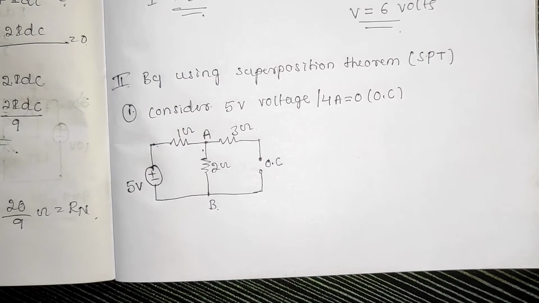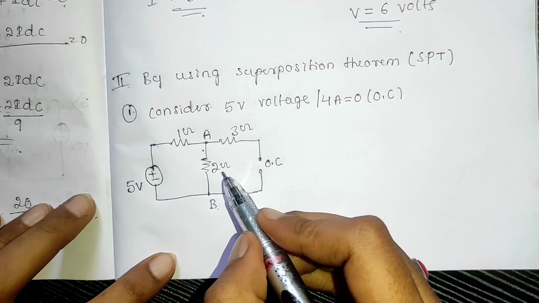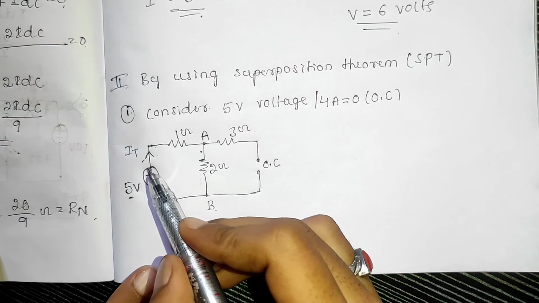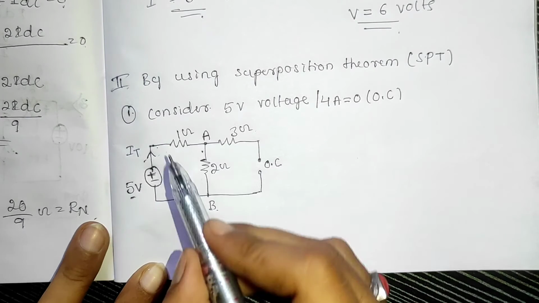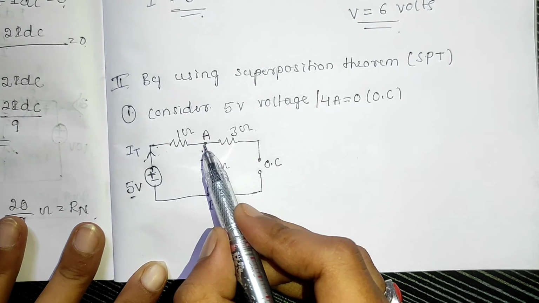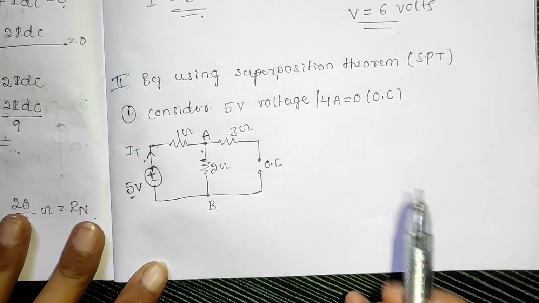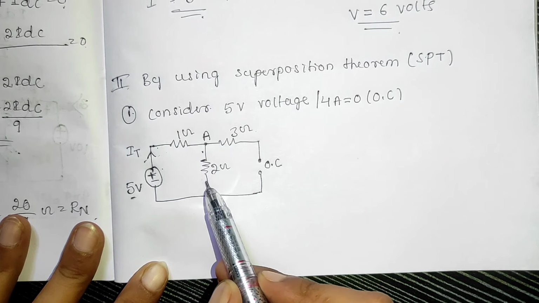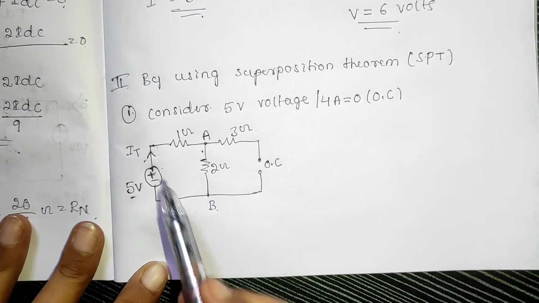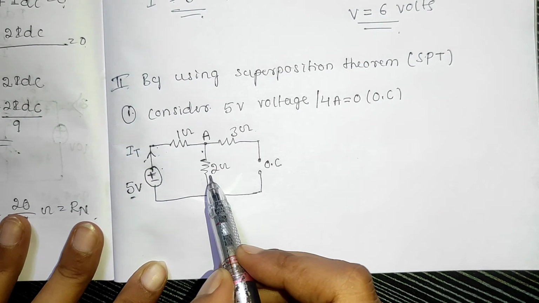Okay. So what is the current direction in the 2 ohm resistor? Total current flows from the positive terminal, you know that, right? So the total current cannot divide at this node because the circuit is open here. So the total current will flow through the 2 ohm also. The same current is flowing through the 1 ohm and 2 ohm.